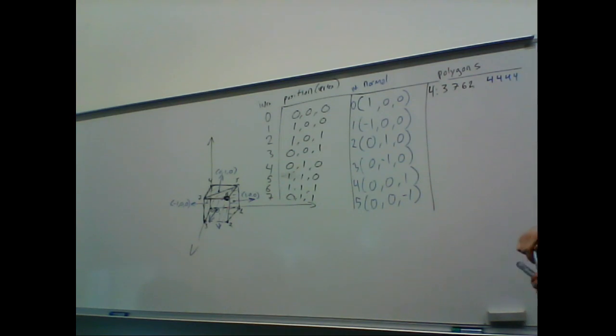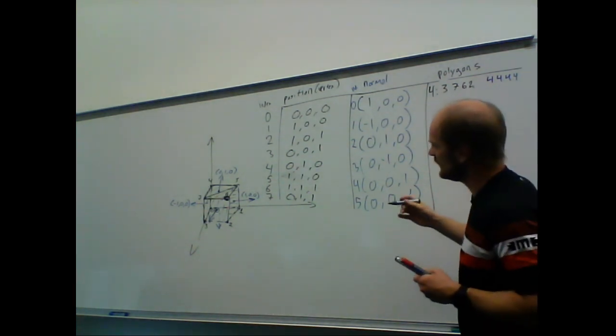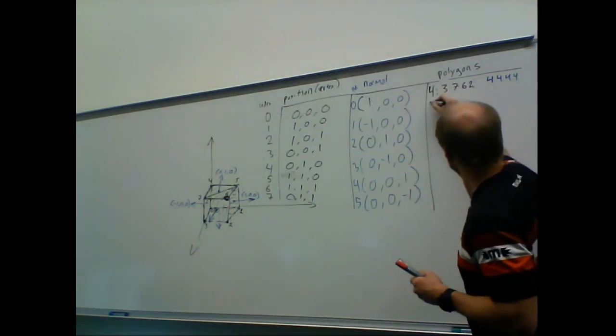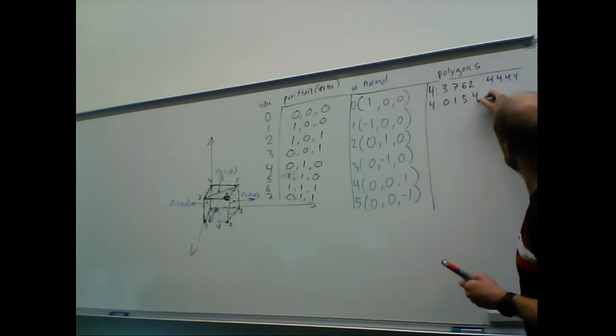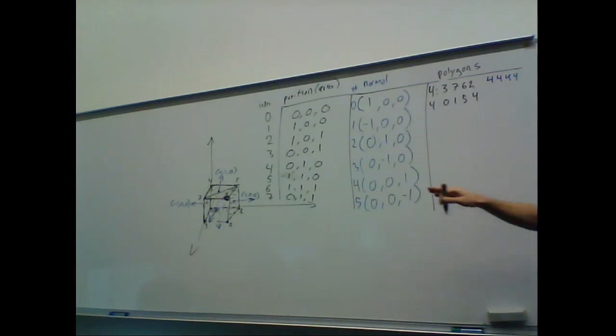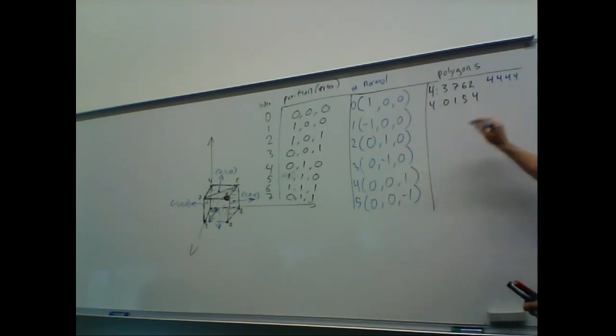The next one was the back face. There we had 0, 1, 5, 4. Those are our indices into the position vertex list. And it's right on the back, so it's this one, 5, 5, 5, 5.